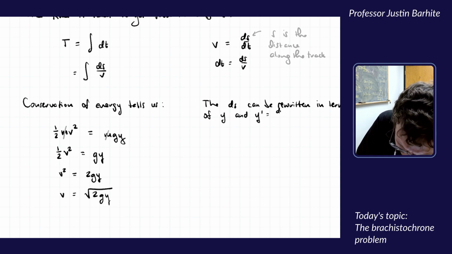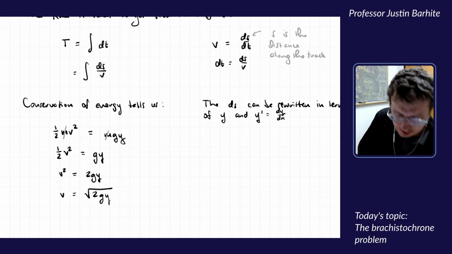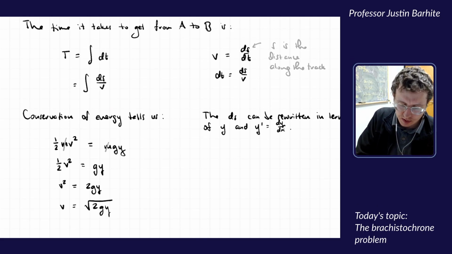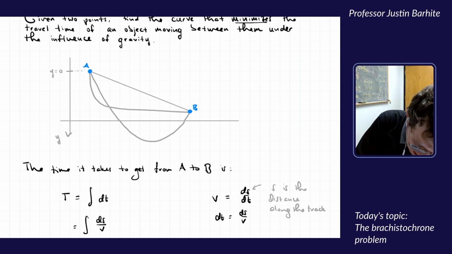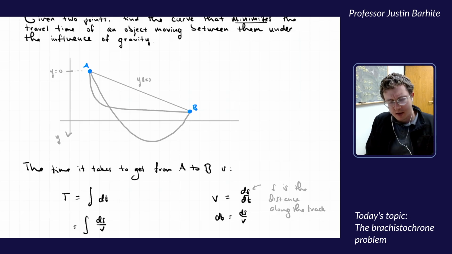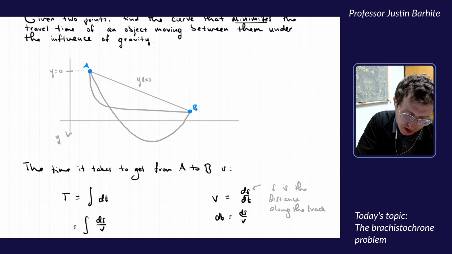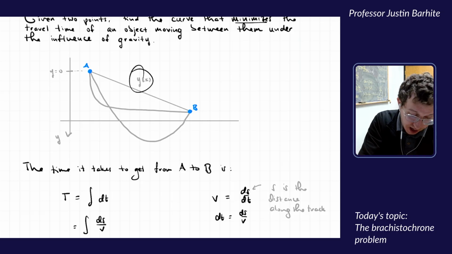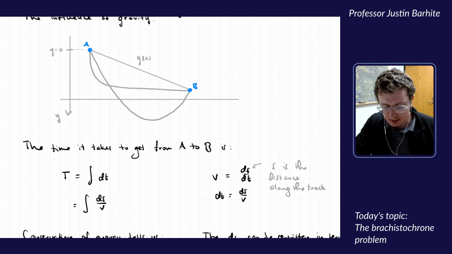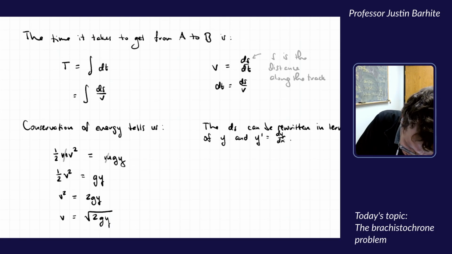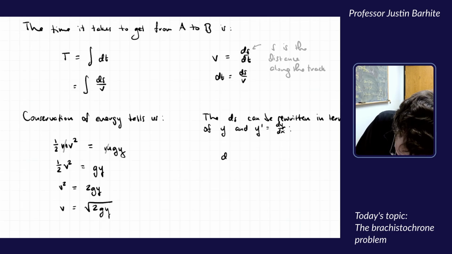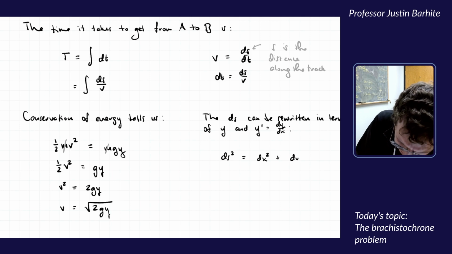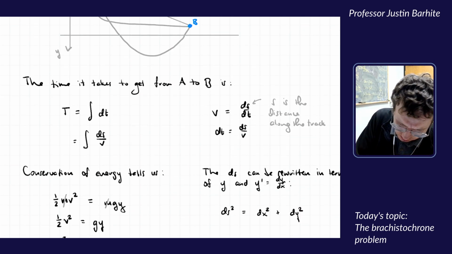And by y prime, I mean dy/dx. So the goal here is to figure out this function, the shape of the curve, by expressing the height, y, as a function of x.